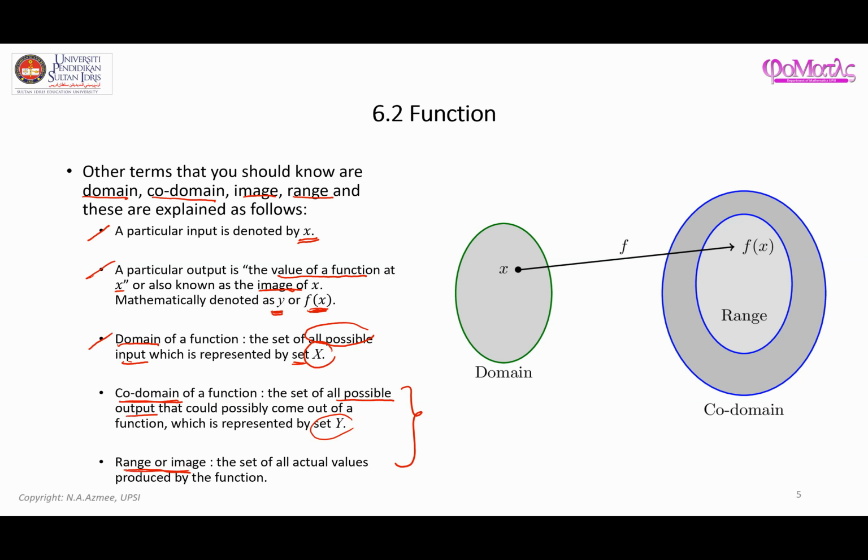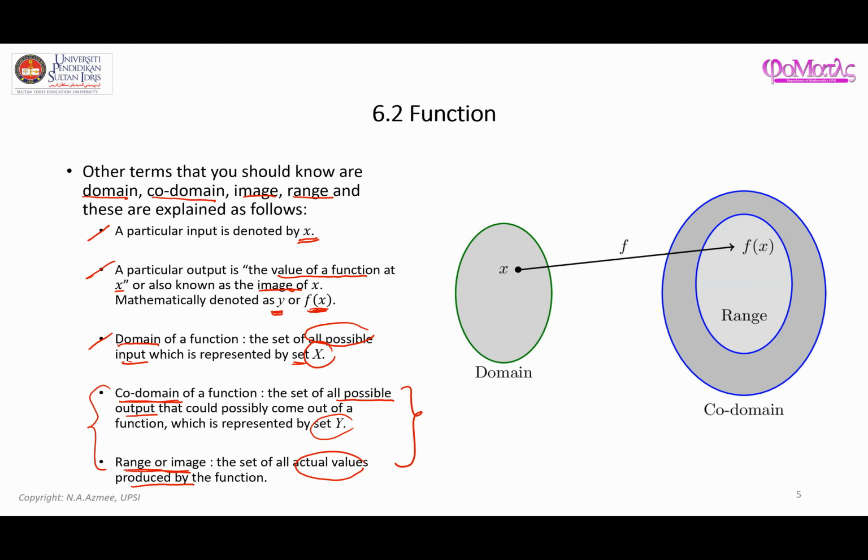Range or image refers to the set of all actual values produced by the function. Now this might seem a little bit confusing, but I think in the next slide you will see where the difference is between codomain and range or image.